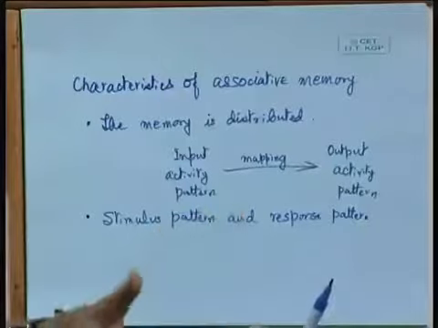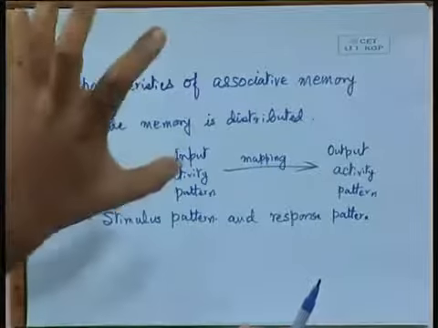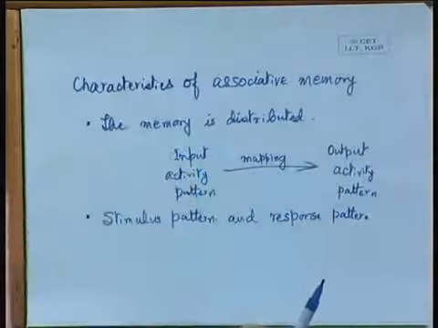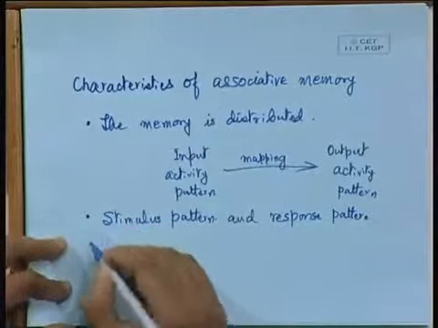Maybe normally this person sits on the left hand side of the class, or on the front bench, or somewhere in the middle row, or prefers the extreme right hand corner. So there is a response pattern that we also get: once a stimulus is presented, we are also going to get a response pattern.